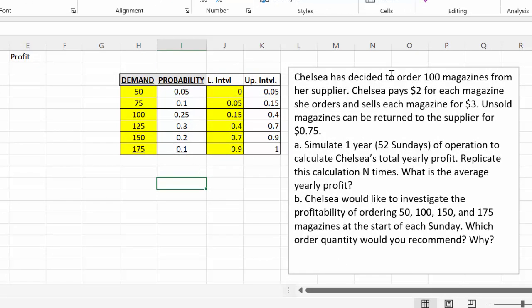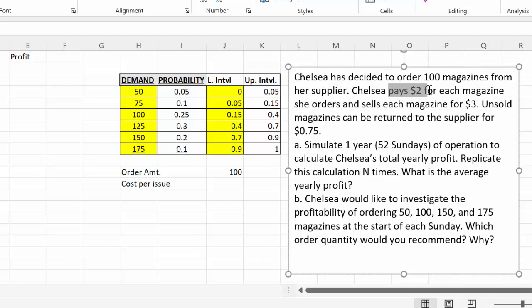So the first one we'll look at is that she's ordering 100 magazines at a time. We would call this order amount, and we put in 100. And the cost per issue is $2.